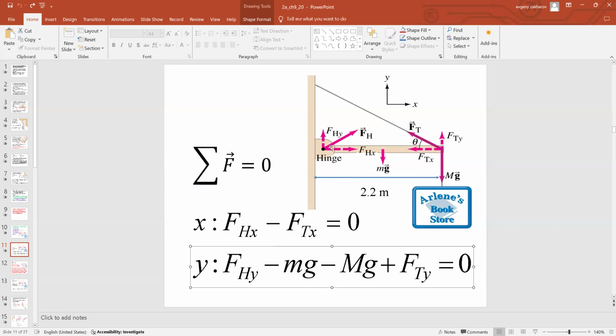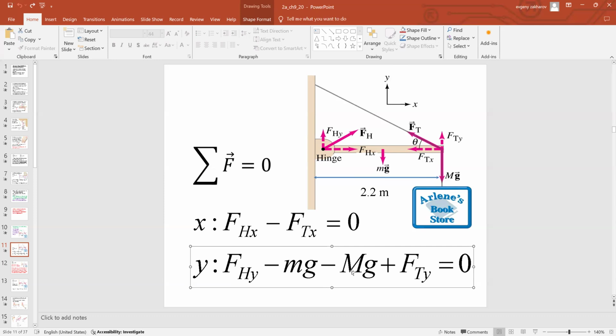Onto y-axis, what do we have? We have positive hinge reaction. We have negative gravity from the rigid rod. We have negative gravity from the load. And we have positive tension component, y component, because it has the same direction as the y-axis being positive upward.